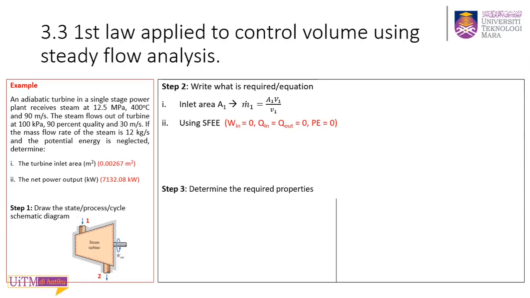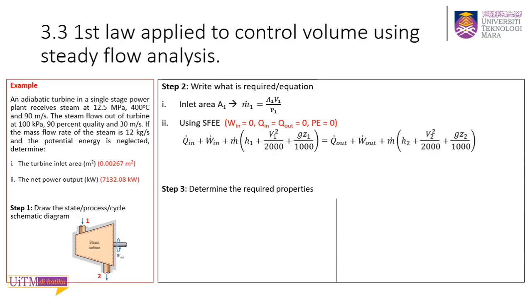From the general equation, cancel the terms based on the conditions. Rewrite whatever is left, and rearrange the equation to determine the work output. For step 3, determine the required properties for each of the state based on the substance.